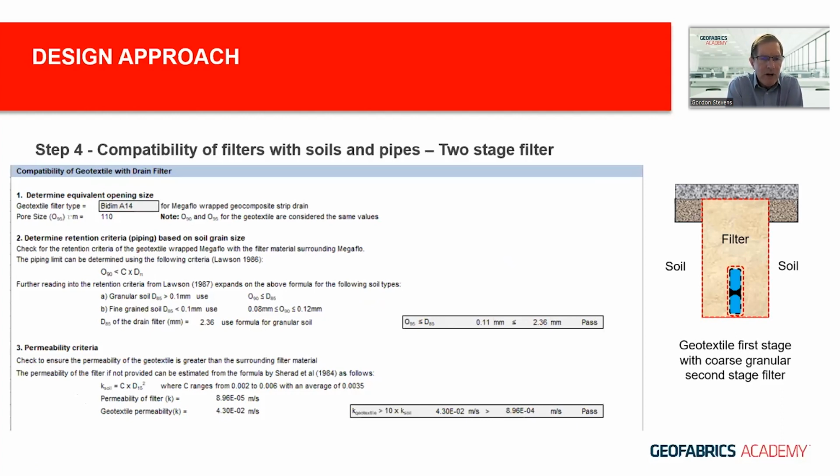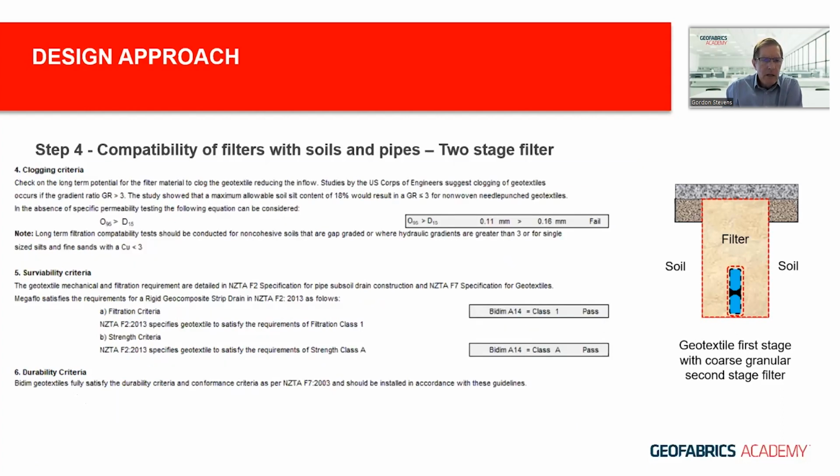Because we're looking at a granular material, it satisfies the permeability criteria. We then go into the clogging criteria, and we see that in this instance, it doesn't satisfy the clogging criteria. This would suggest that if a geotextile is to be used, there's a need for a gradient ratio test, which is essentially looking at the long-term clogging potential of the geotextile.